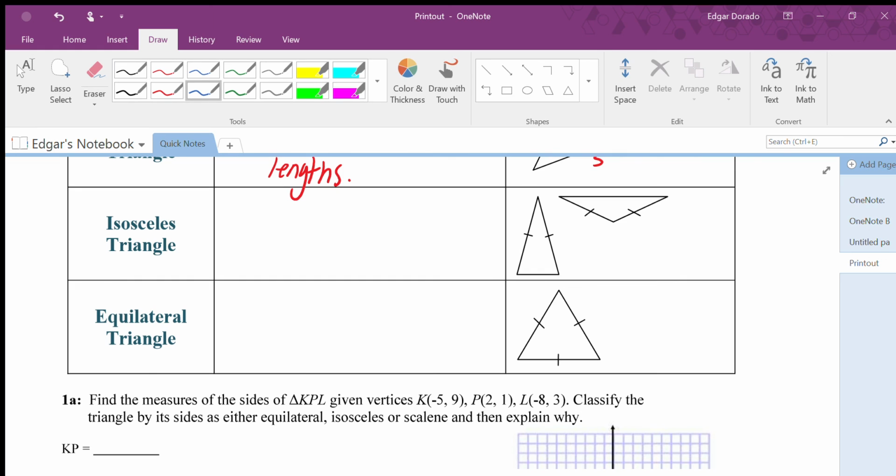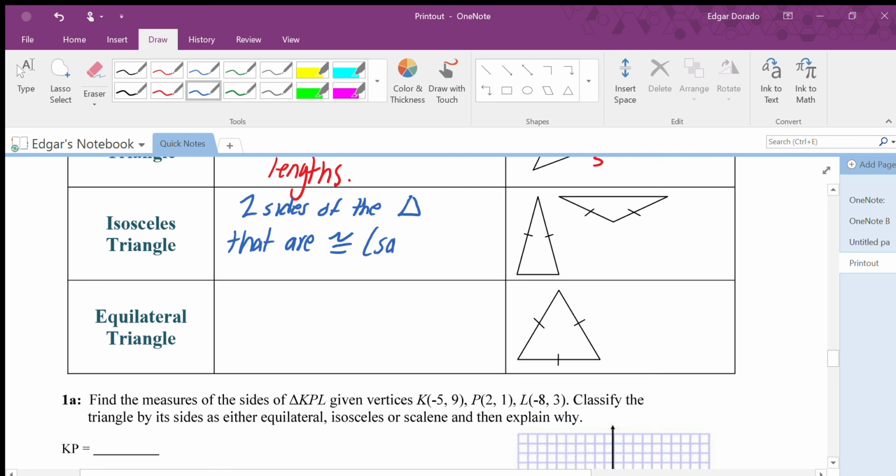All right, moving right along, we have an isosceles triangle. We have two sides of the triangle that are congruent. In other words, they have the same length. If you have a triangle just like this one, notice we have these two little tick marks on each one of those sides.